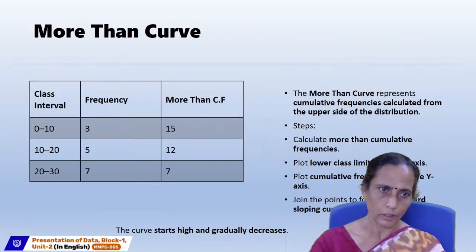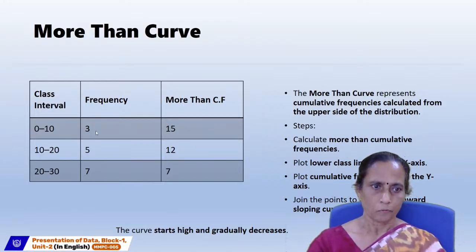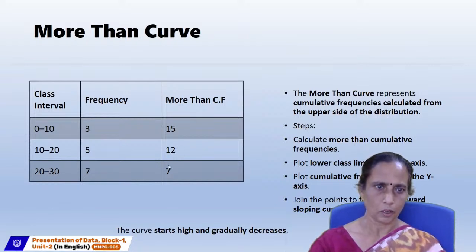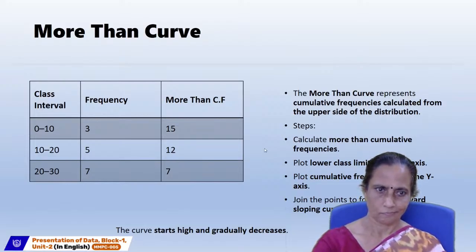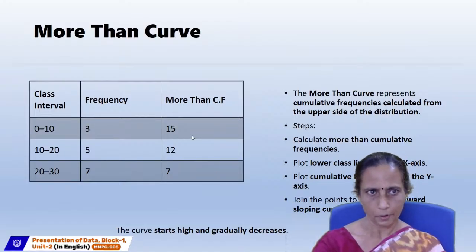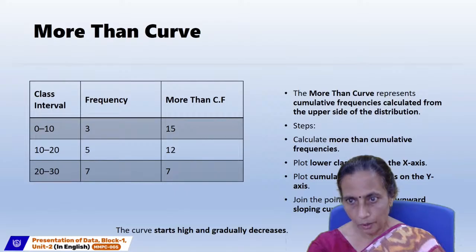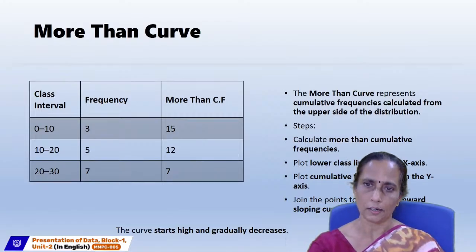Over here, the more than frequency is 15, 12, and 7. So 7 plus 5 is 12, 12 plus 3 is 15. In that way, we plot the more than curve.